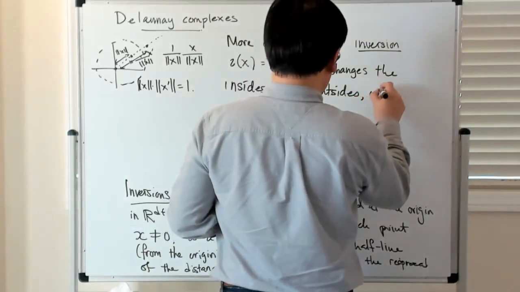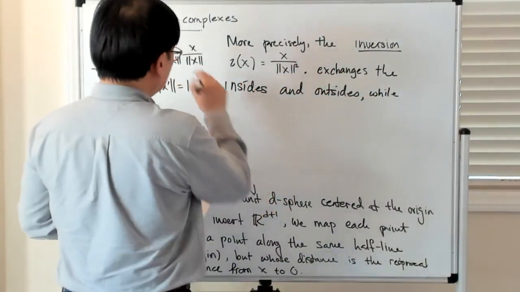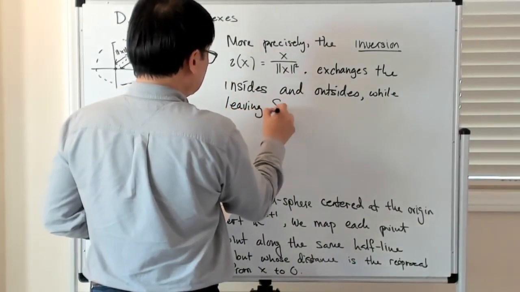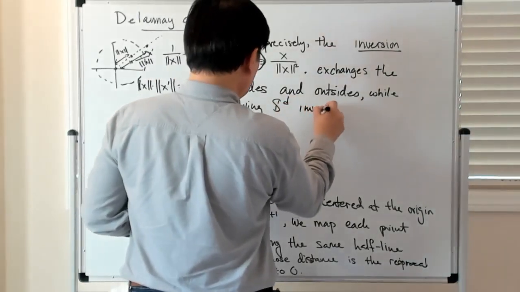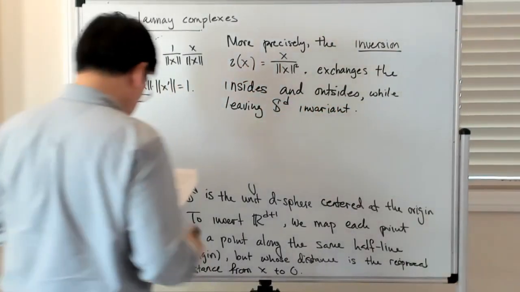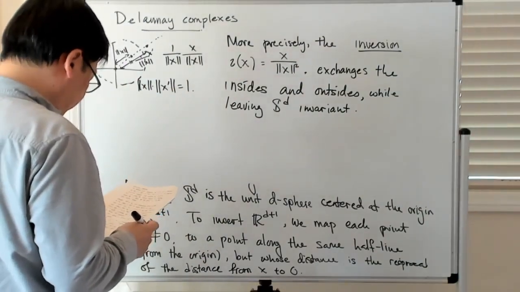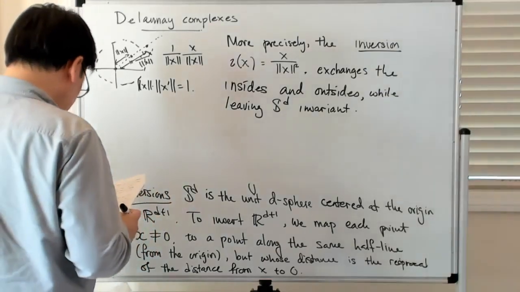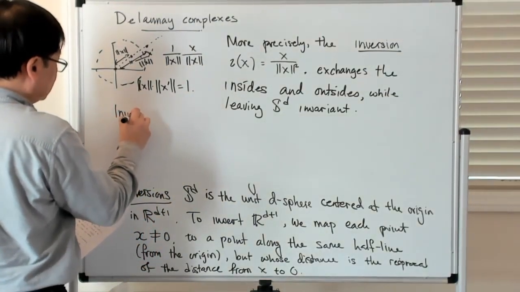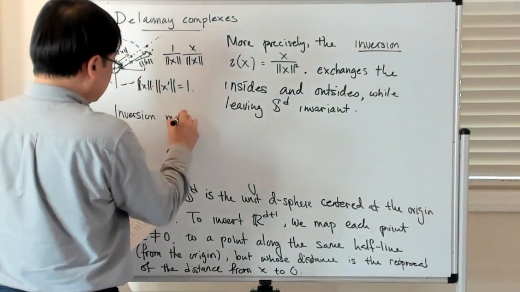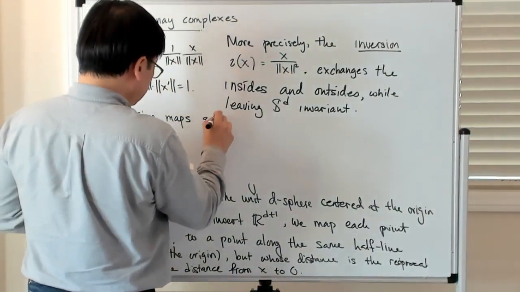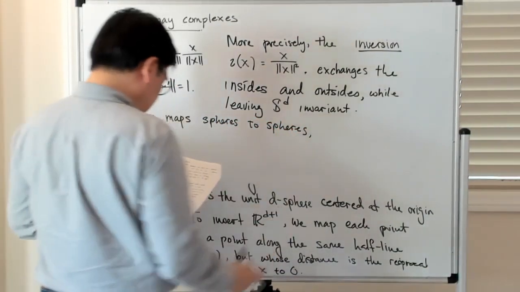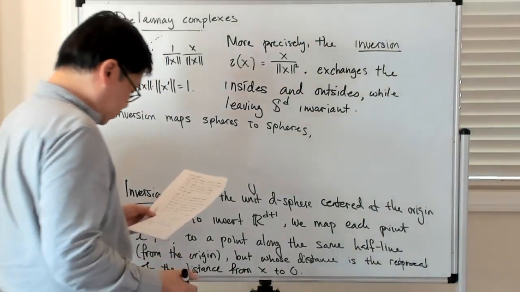Another observation is what sphere inversion does to other spheres. Inversion maps spheres to spheres, but it doesn't necessarily map centers of spheres to centers of spheres.